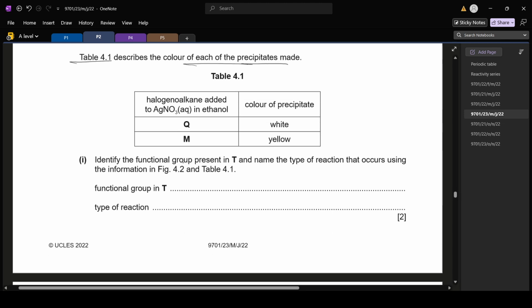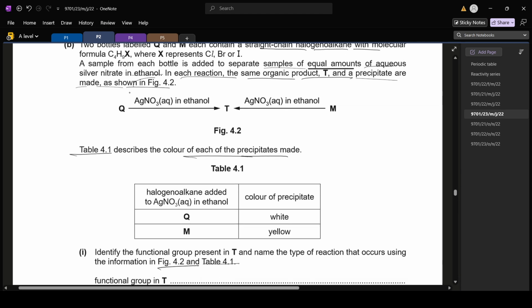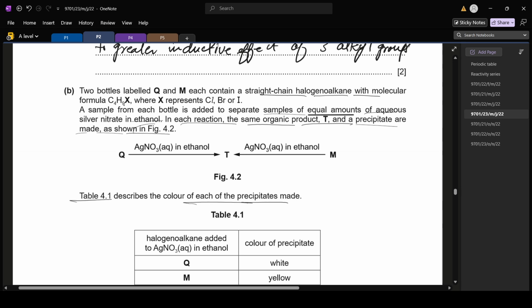Identify the functional group present in T and name the type of reaction that occurs, using the information in figure 4.2 and table 4.1. So this is a substitution reaction, the X group is substituted from the molecule C4H9X.